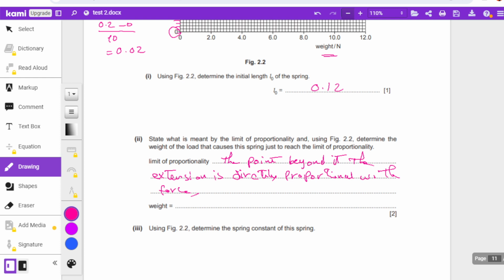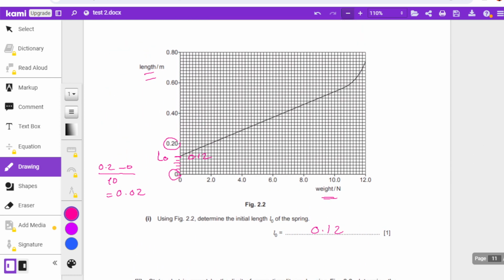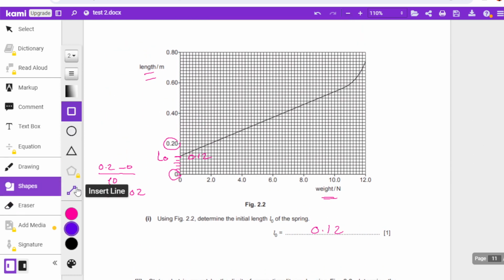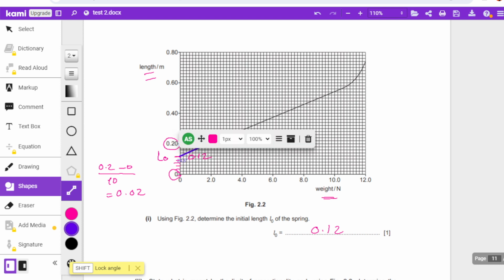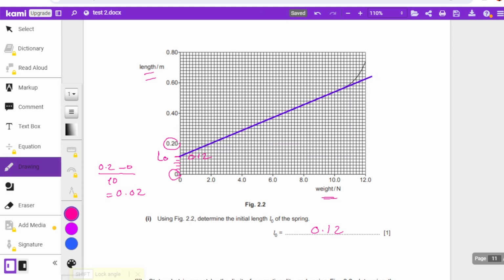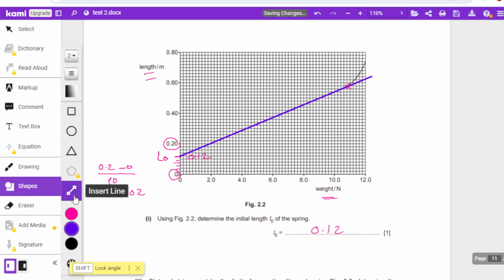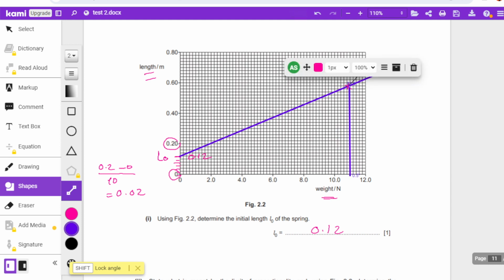Okay, what is the weight at the limit of proportionality? You can use your ruler and try to reach the end of the straight line. As you see, this point is the end of the straight line. So now you can draw a line to find the weight at this point.